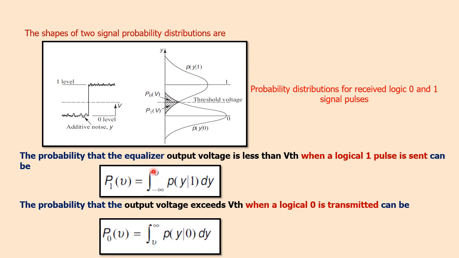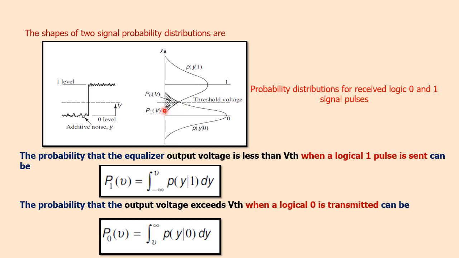That can be represented as P1 of V. Here the equalizer output voltage is less than the threshold. This is the threshold level between these two pulses, with logic 1 on one side and logic 0 on the other. In between, we fix the threshold voltage.